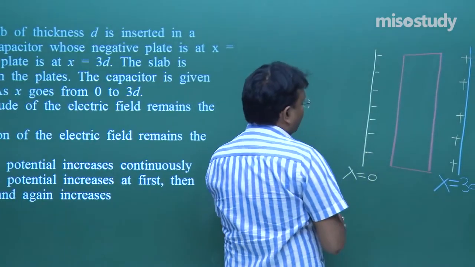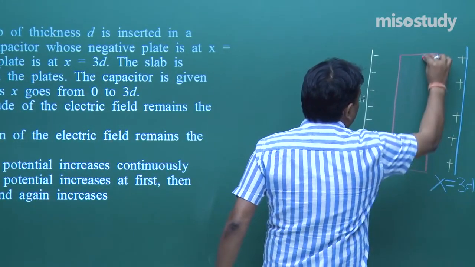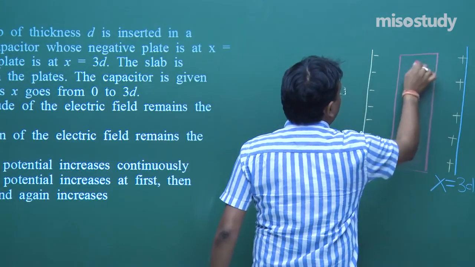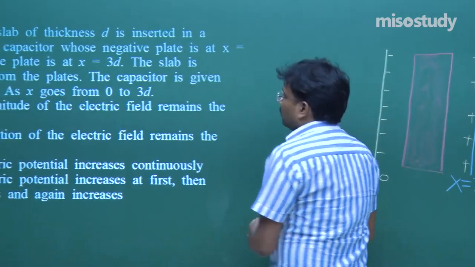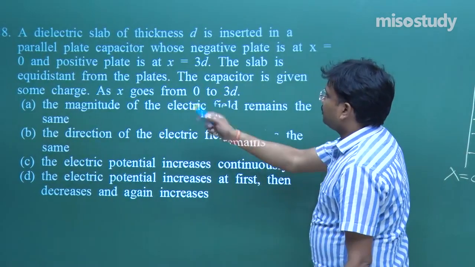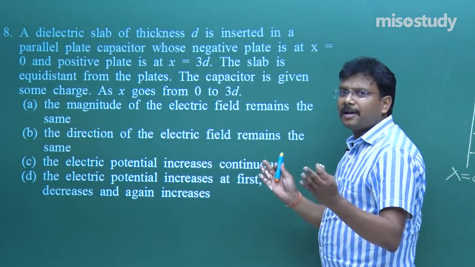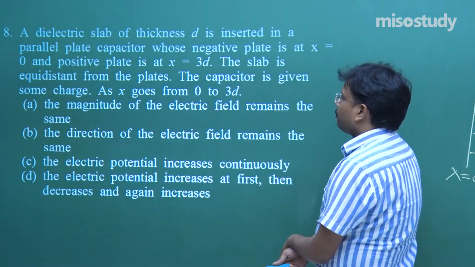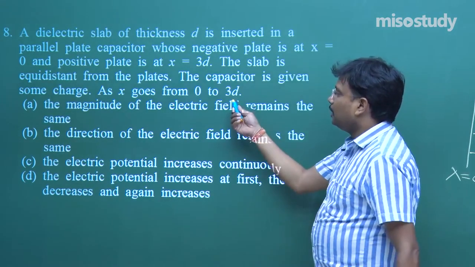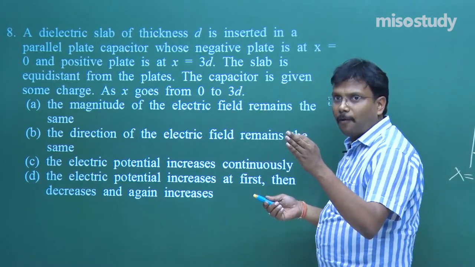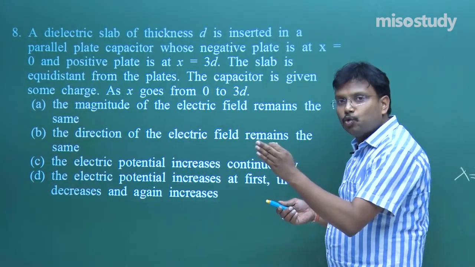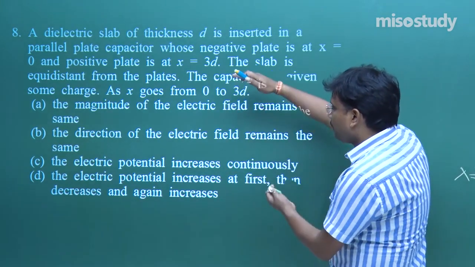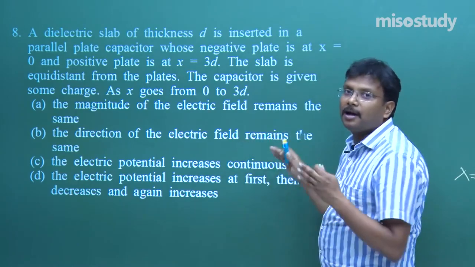So this red color is the slab, this is the dielectric slab. The capacitor is given some charge. Charge means it is connected, now charging is taking place. As x goes from 0 to 3d, as you are moving from the negatively charged plate towards the positively charged plate, then you have to check which option is correct.